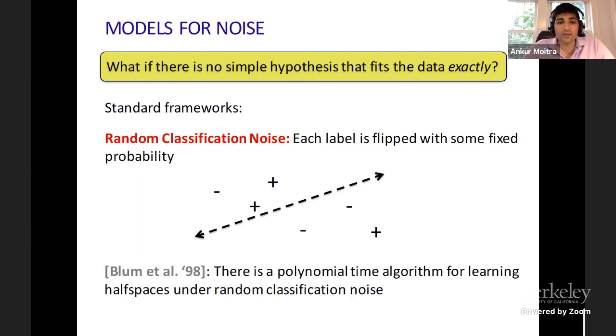Now, it turns out that in random classification noise models, there actually are powerful learning algorithms. One of the seminal works in this area is the work of Blum et al. back in '98. And some of the intuition, which we'll get into a bit later because it's going to come up in other guises in our analysis, is that there are a lot of iterative algorithms in standard PAC learning, things like the perceptron algorithm.